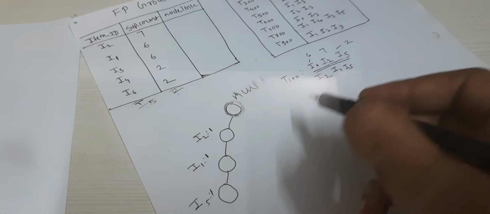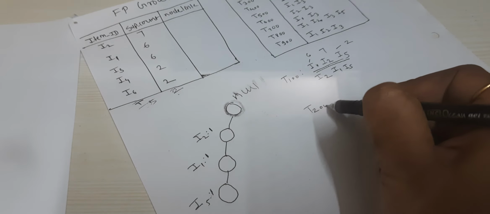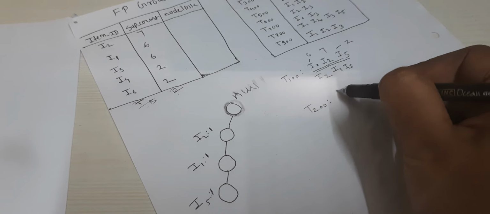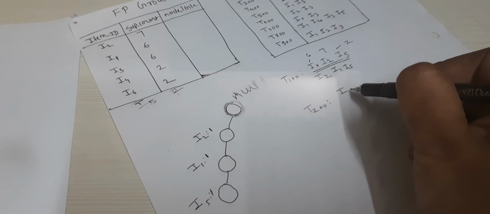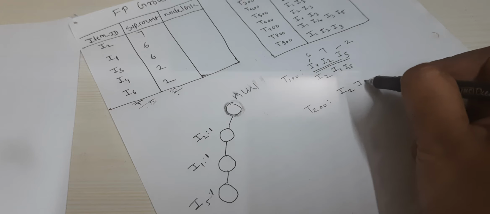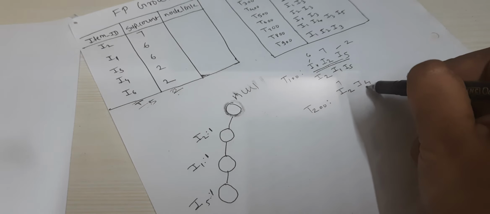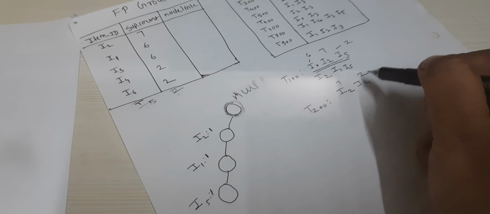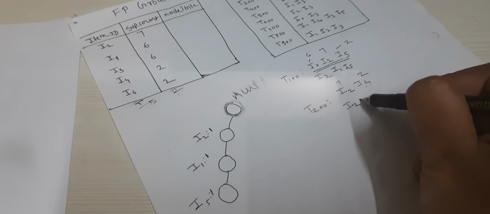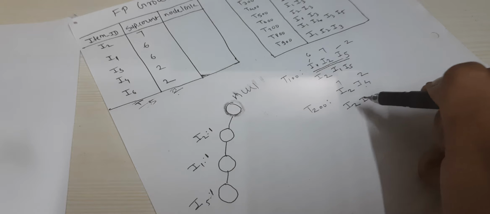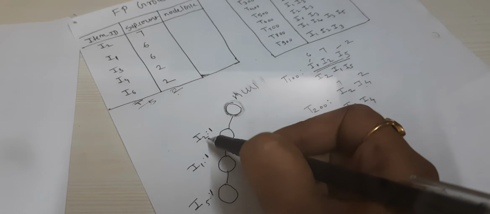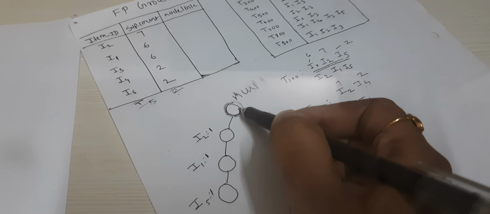Now see transaction T200. The items present in T200 are I2 and I4. The support count for I2 is 7 and I4 is 2. So its descending order is I2 and I4. Now here you have to start from the null.